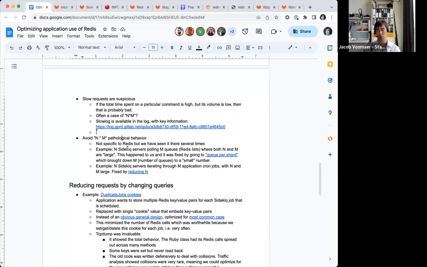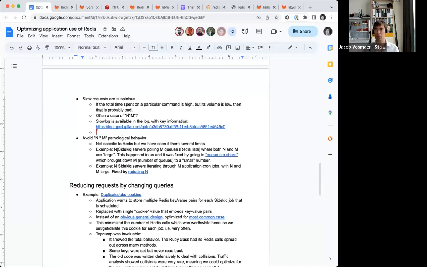So a good example was Sidekiq using many queues. We ended up with an architecture where every Sidekiq worker had its own Redis list acting as the queue. The one large number was the number of Sidekiq processes, in the hundreds, and the other large number was the number of queues, which was also in the hundreds.